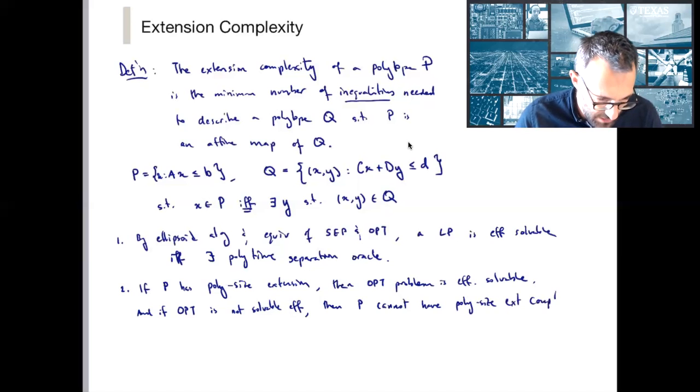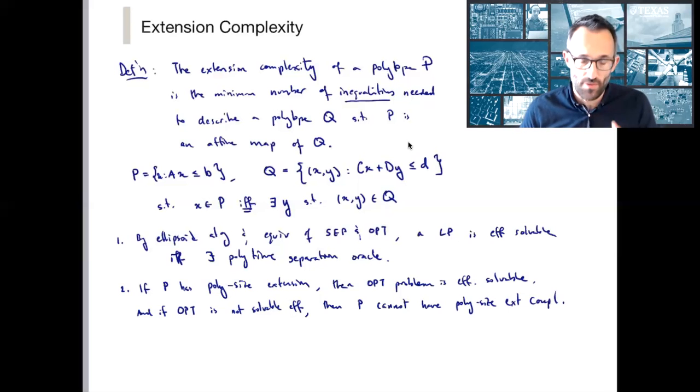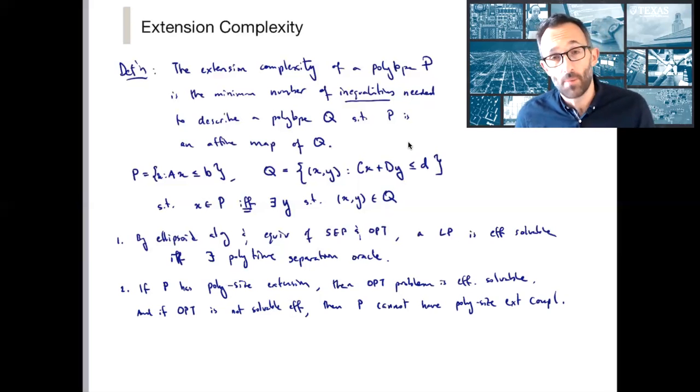Now let's think about what this doesn't say, or rather, what happens if P is a problem where, unless P equals NP, we believe that solving a linear program over P is hard. We've discussed examples like that. Max cut is such an example.